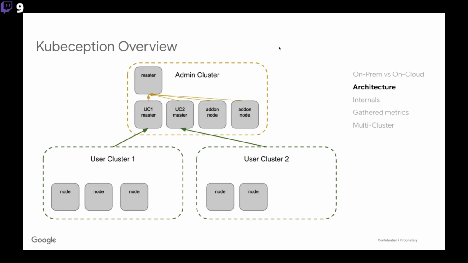So you can consider this admin cluster just like the GKE control plane that we run in GCP, or the GKE on cloud version. And every one of these user clusters' master nodes will be in the admin cluster, as you can see from there.